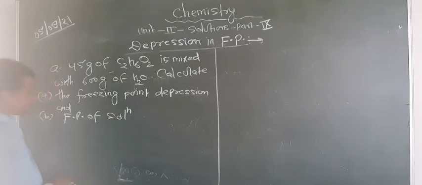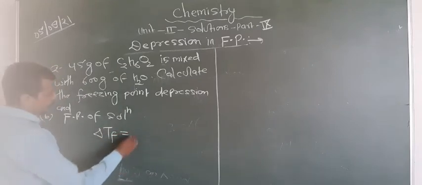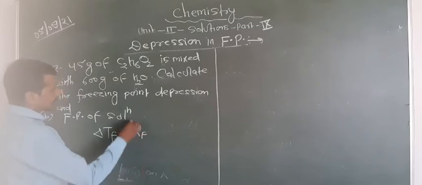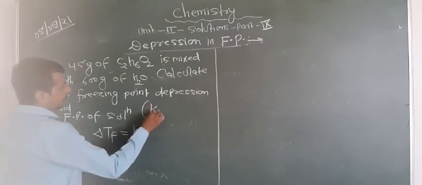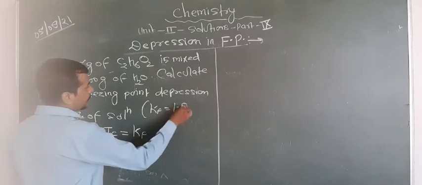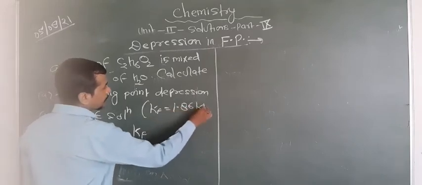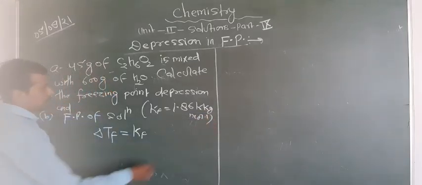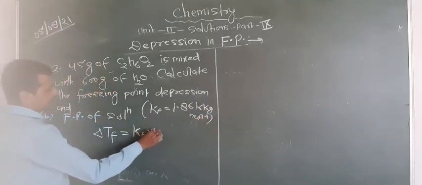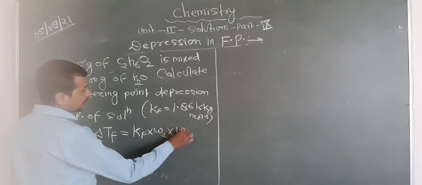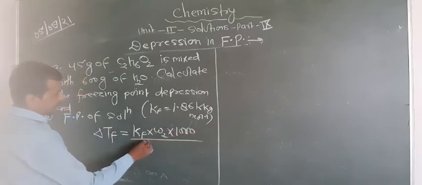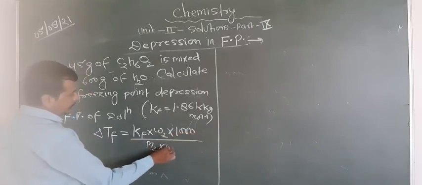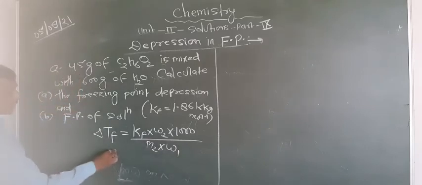Okay. So first of all, we have to write the formula: delta TF equals what? KF, and KF of water is given as 1.86 kg per mole. So KF multiplied by W2 multiplied by 1000 divided by M2 into W1. So put the value of each.